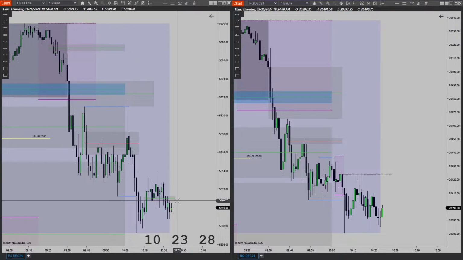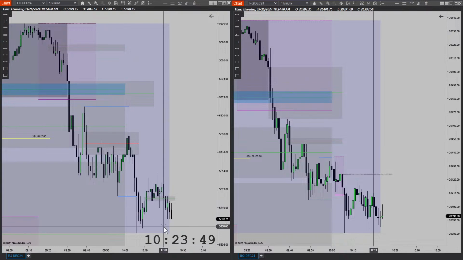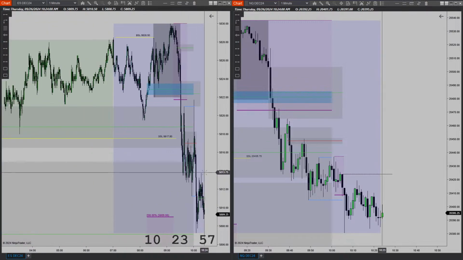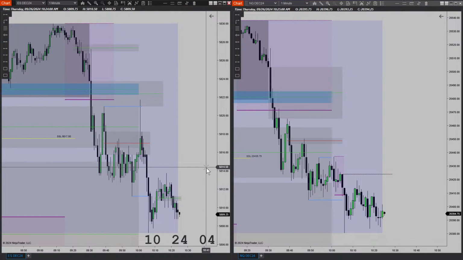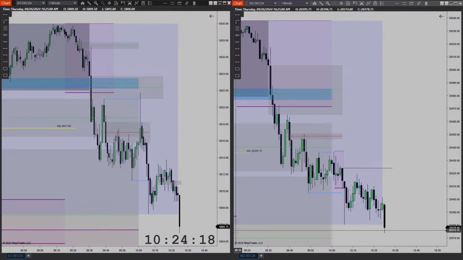I want to see it fail to get above this if we're going to go run to these lows here. Yep, it looks like we're going to run to this low, or at least this low. There it is. 50% right here.